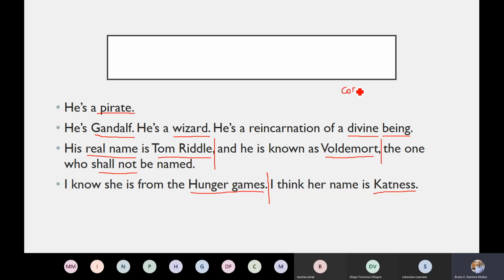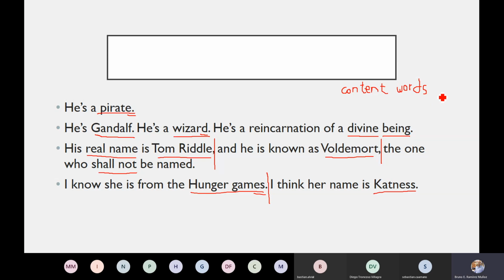Content words is the term used to classify specific parts of speech. Content words are, for example, nouns such as pirate, wizard, games. Content words are also verbs, such as play, visit, go.